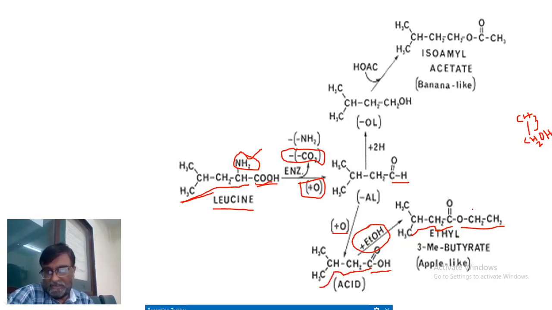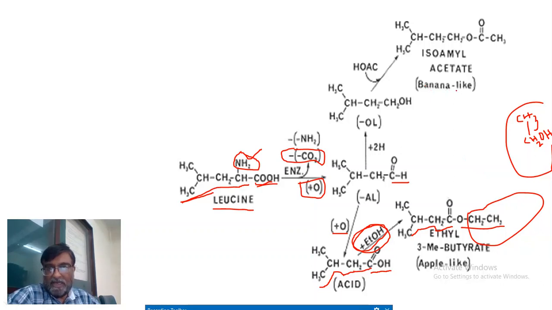This other part is actually coming from ethyl alcohol. What is the structure of the ethyl alcohol? This is the structure, CH3, CH2OH. So it's the formation of the 3-methyl butyrate. It's an apple-like flavor, apple flavor actually.